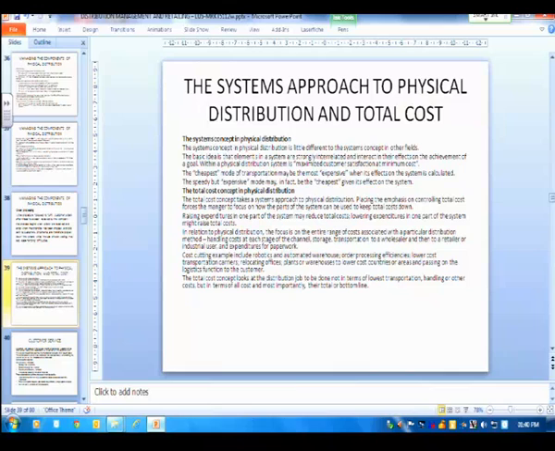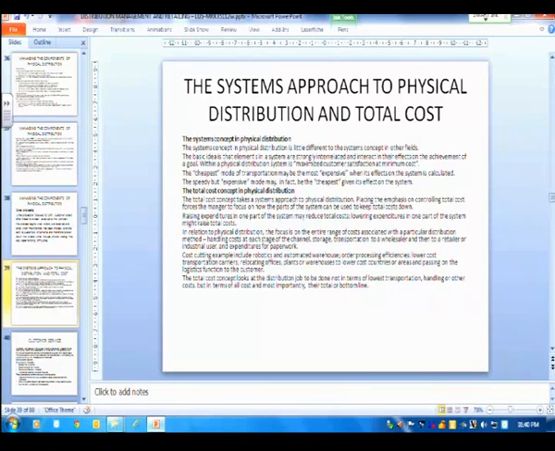Within a physical distribution system, the goal is maximized customer satisfaction at minimum cost, meaning the cheapest mode of transportation may be the most expensive when its effects on the system are calculated. The speedy but expensive mode may in fact be the cheapest, given its effect on the system.